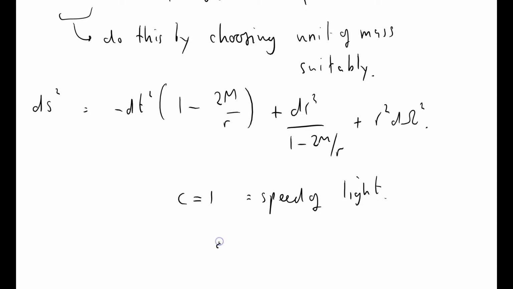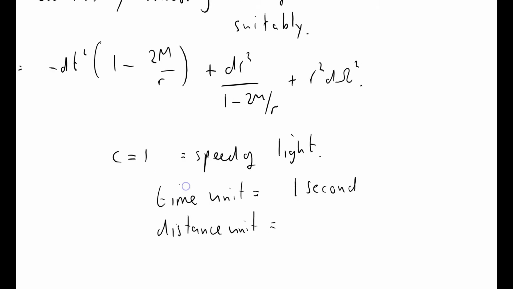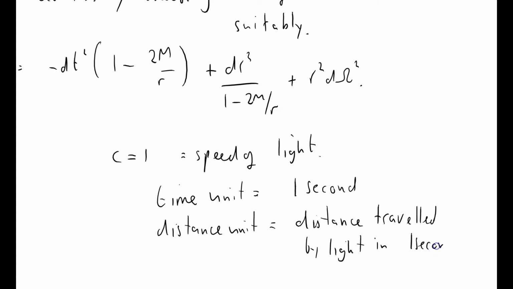So if we choose our time unit to be 1 second, then our distance unit equals the distance travelled by light in 1 second, which is approximately 3 times 10 to the 8 meters.